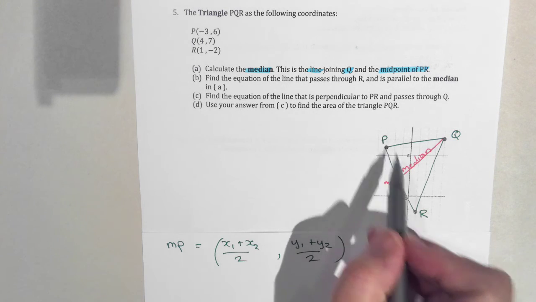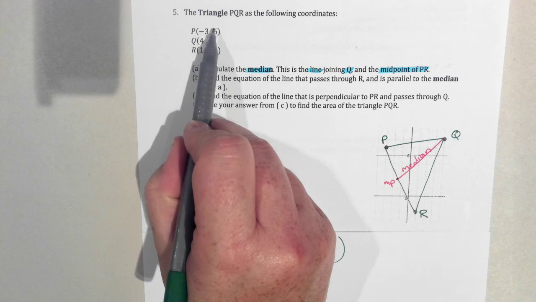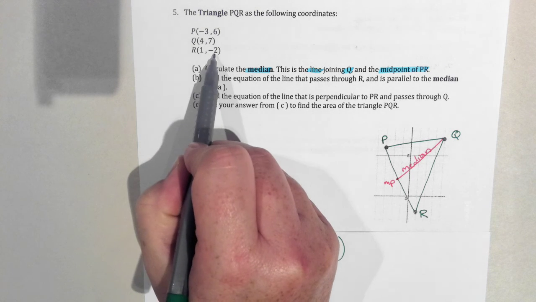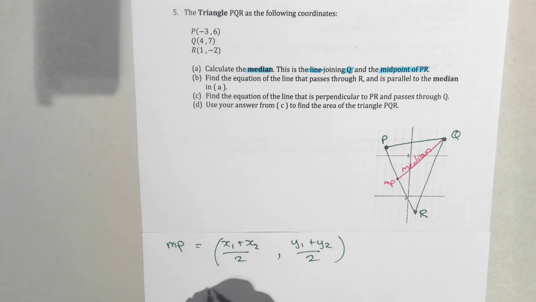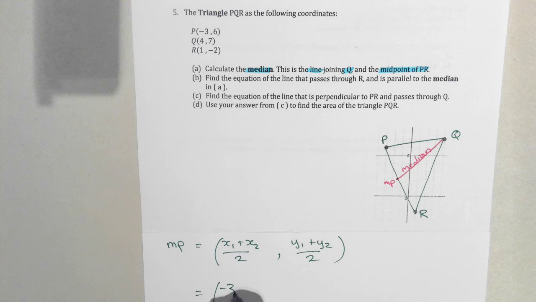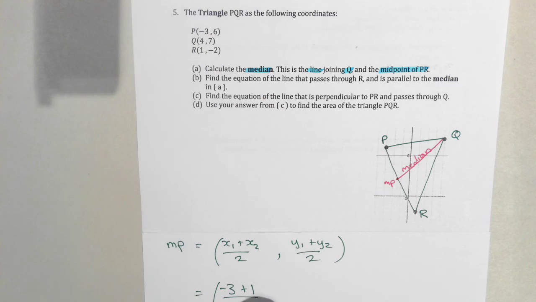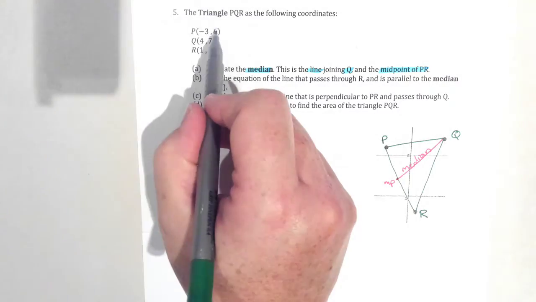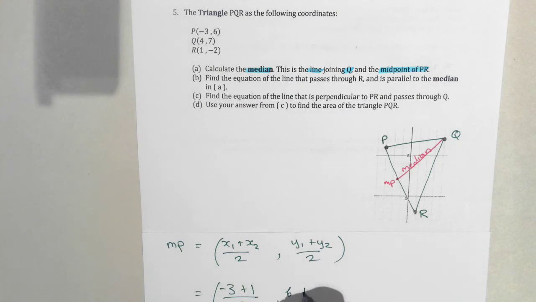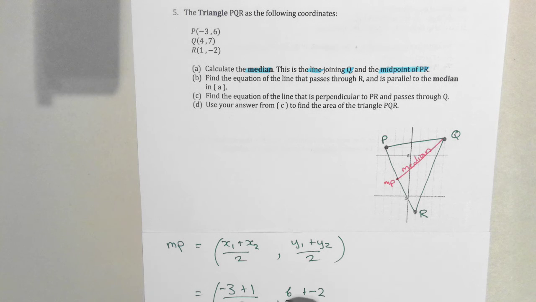We're doing the midpoint for P and R. So when I go to P, I'm going to call that x1, y1, and R x2, y2. So in this case, x1 is my -3, plus x2 which is 1, over 2, and y1 is 6 plus y2, -2, over 2.